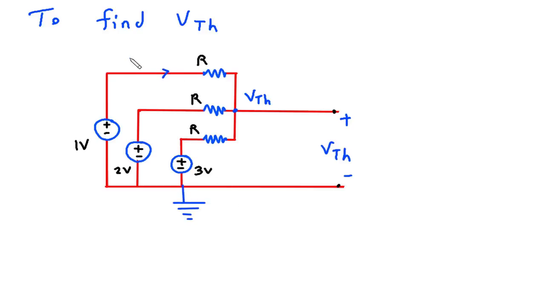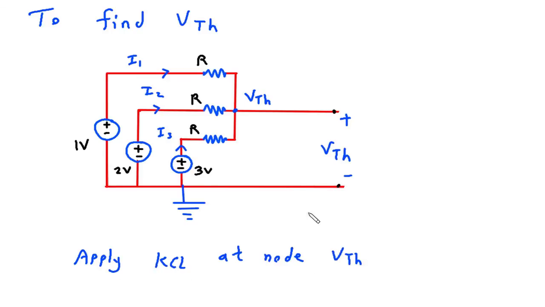Let's say this is current I1, this is current I2 and this is current I3. Now if we apply KCL at node VTH, this will be summation of all the entering current equal to summation of all the leaving current. There is no leaving current, all the currents are entering. So I1 plus I2 plus I3 is equal to 0.